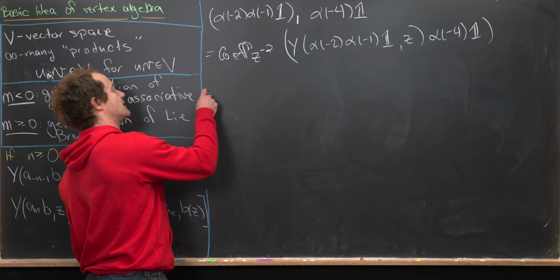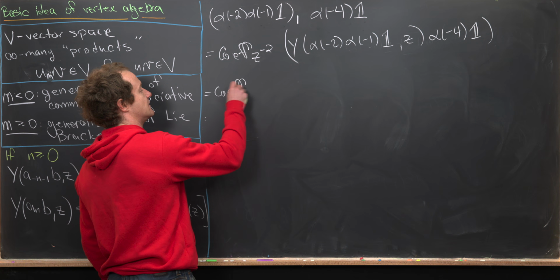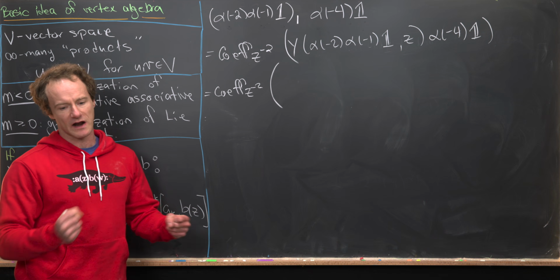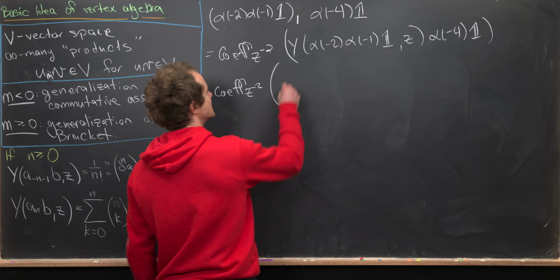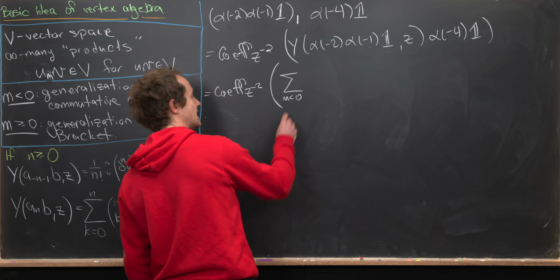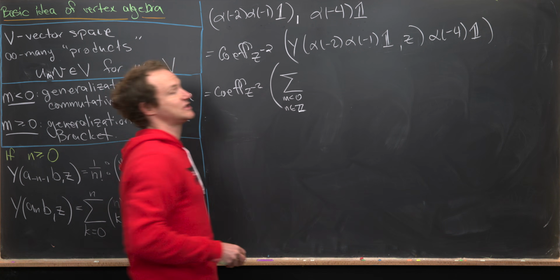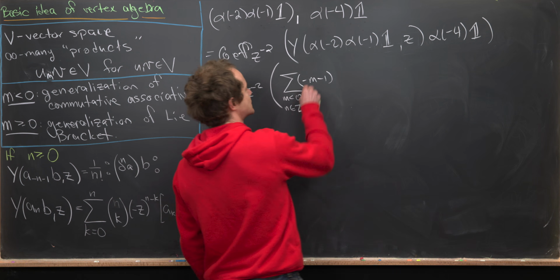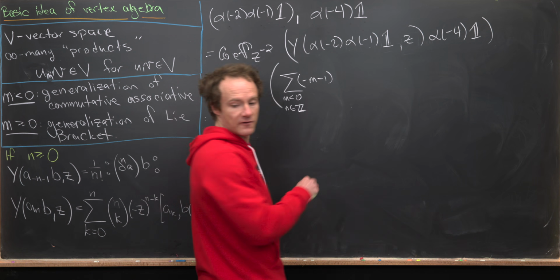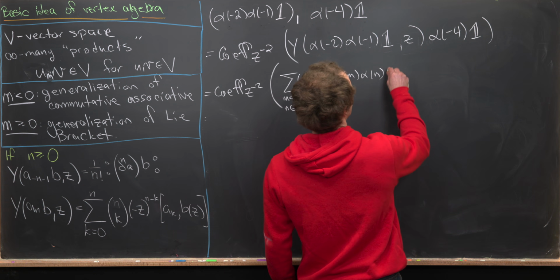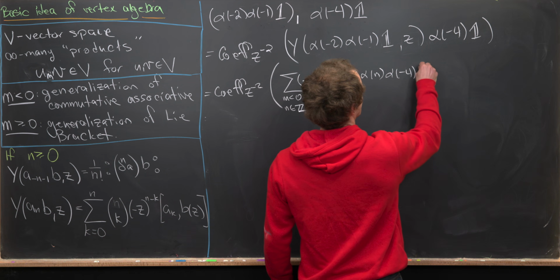I'll just bring down this coefficient of z to the minus 2 and then jump to what our vertex operator looks like. So this is going to start off with the sum over all negative m and all integers n of minus m minus 1, and then alpha m, alpha n, and then alpha minus 4 on the vacuum.